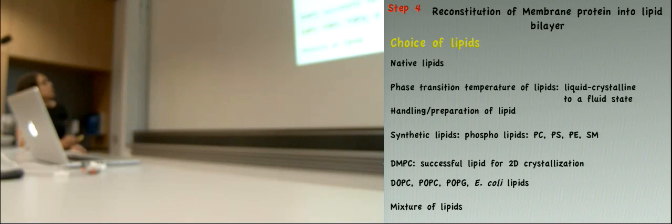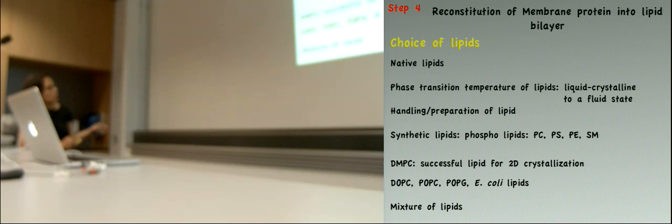The choice of lipid is very important. If you can find the native lipids, it will be perfect, but the problem is we cannot get the native lipids, since the protein you already extracted from the native membranes or expression system. You also have to consider the phase transition temperature of the lipid.